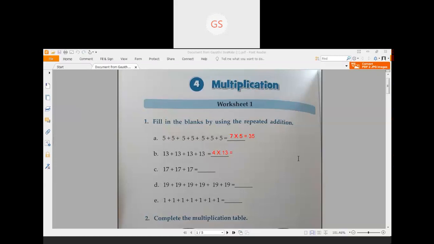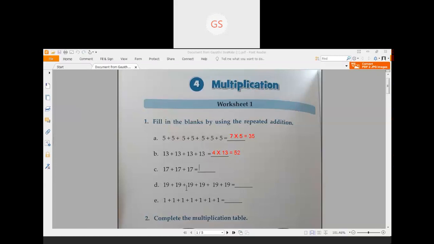Can you please give me the answer? Yes, I can see some answers, but some are different. 4 threes are 12 and 4 ones are 4. The answer 52 is correct.